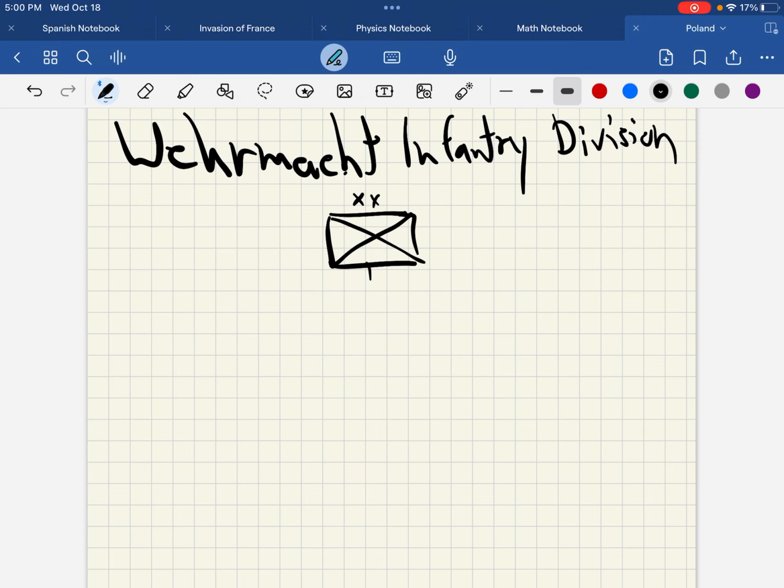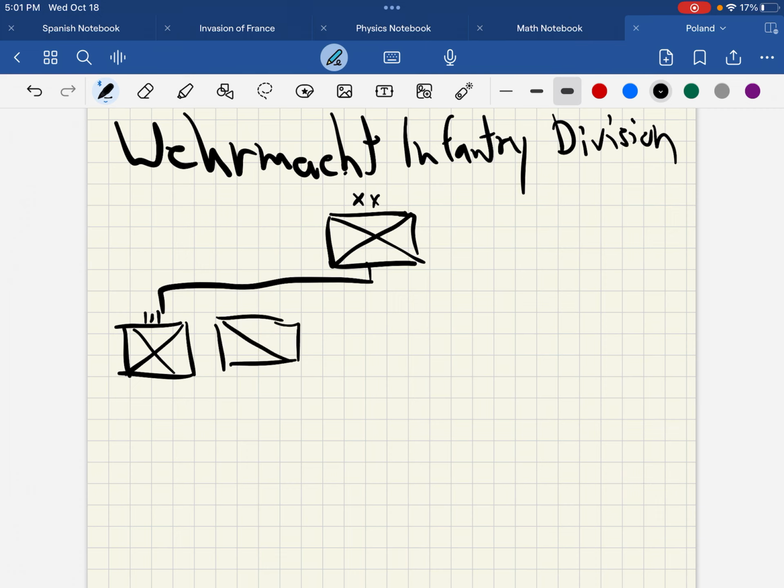So an infantry division usually consisted of 3 infantry regiments, and these were usually about 5,000 men strong.